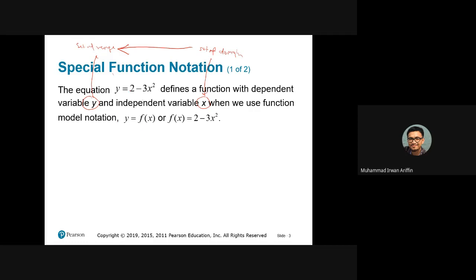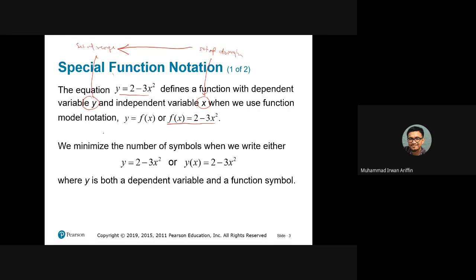We can rewrite this equation in this format, where y is actually a function of x, f of x. To minimize the number of symbols, we can write y directly, where y is f of x.